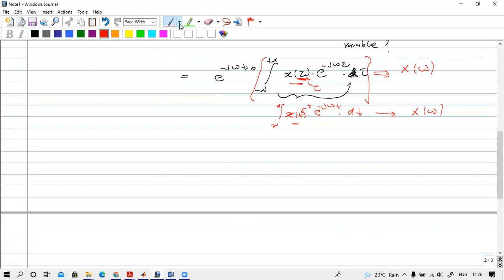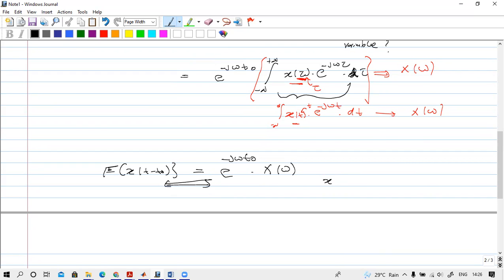So we will get e to the minus j omega t naught times capital X(omega). This is the Fourier transform of x(t minus t naught). So we have verified the time shifting property.